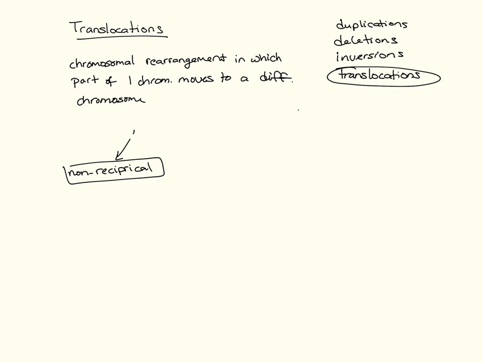translocations. So this would be, let's say we have two chromosomes. Call this 5 and this one 17. And you might get a break, like we talked about DNA breaks last time. So let's say you get a break right here in chromosome 5. Well, we've talked about you could reinsert itself, it could invert itself back onto chromosome 5 there, or the third possibility is it could attach itself onto a different chromosome.